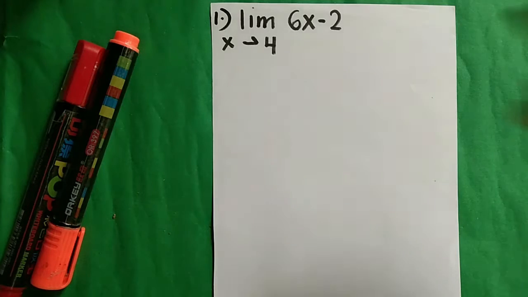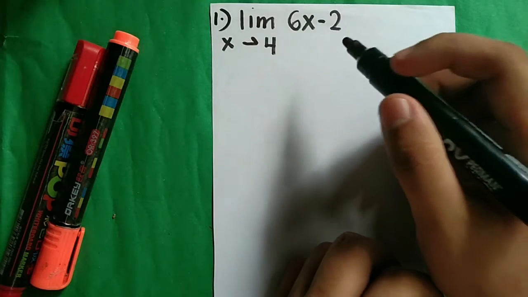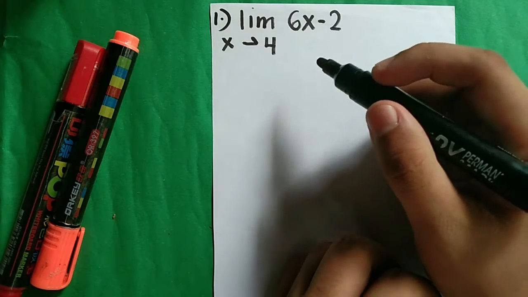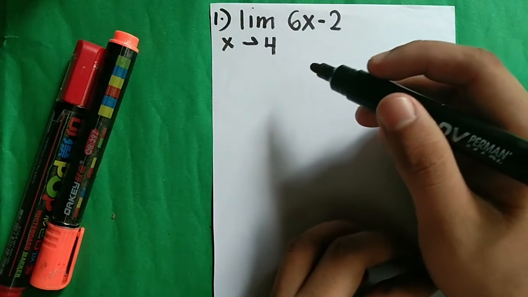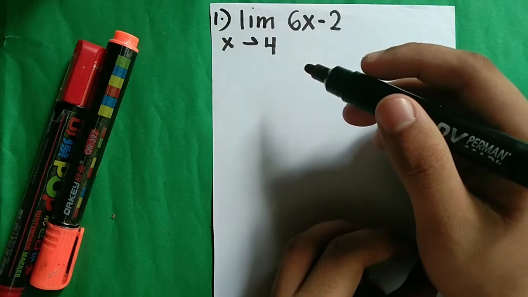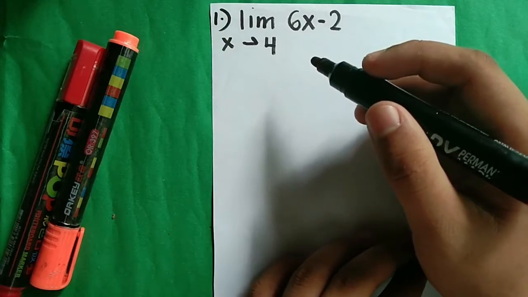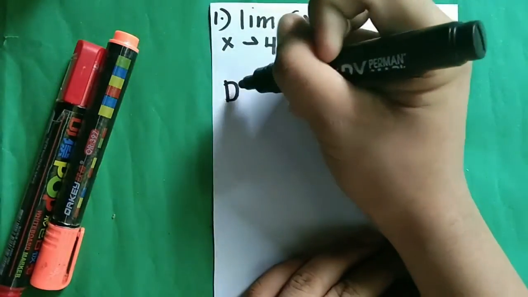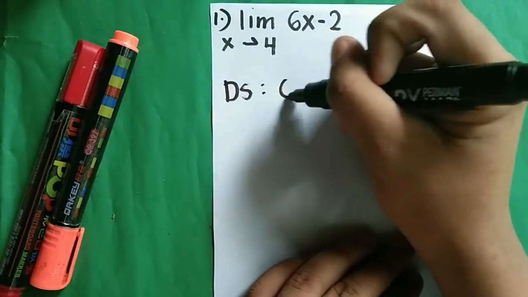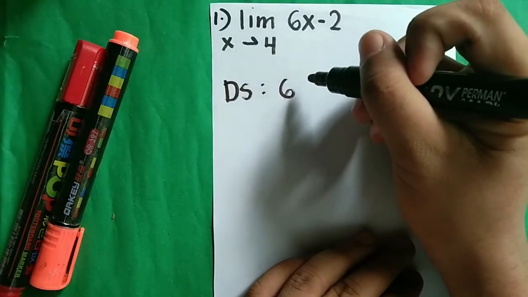The limit of 6x minus 2 as x approaches 4. On finding the limits of this function, the first thing we always need to do is to direct substitute the value of x, which is 4. 6 times the value of x, which is 4, minus 2.